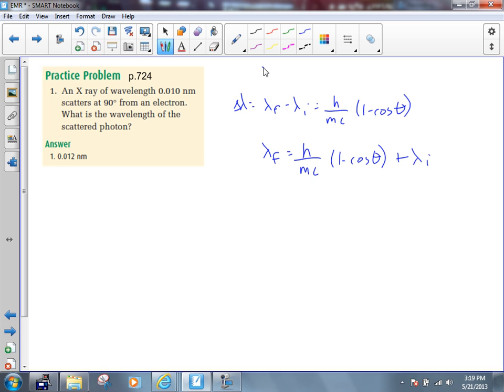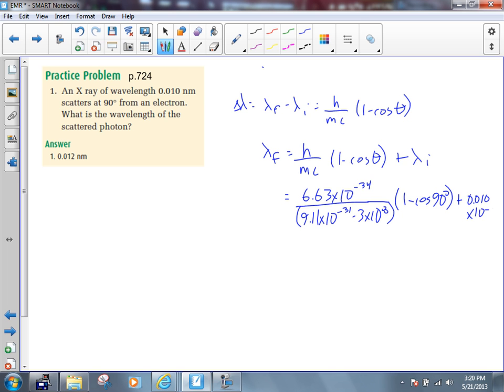h over mc is always the same value. We multiply that whole coefficient by 1 minus cosine 90 degrees this time, plus lambda i, which is 0.010 times 10 to the minus 9. We should expect to see a bigger wavelength because we have a decrease in energy. So I don't know what it's going to be, but it should be a bigger value.